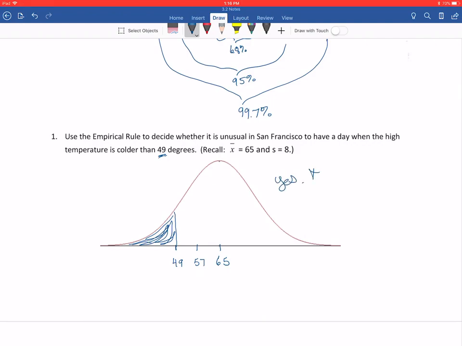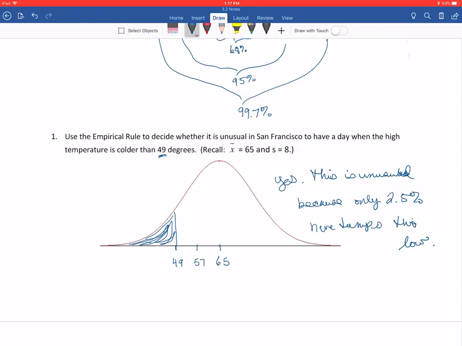So I would say yes, this is unusual because only 2.5% of days have temperatures this low. So to me, that would be unusual.